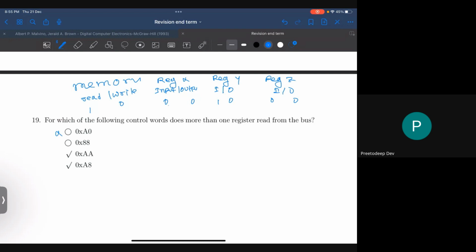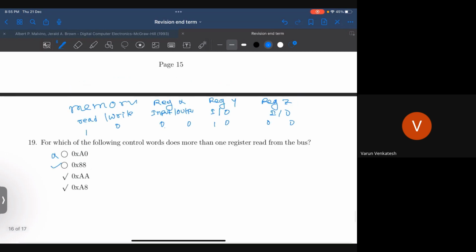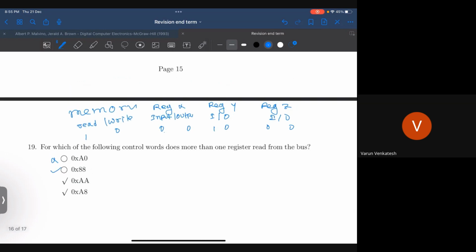If memory is read, do we also consider that a register reading? Memory read means it writes to the bus, right? It's taking from memory.